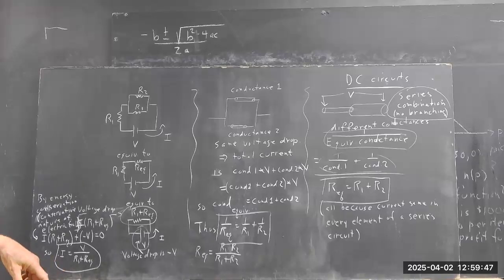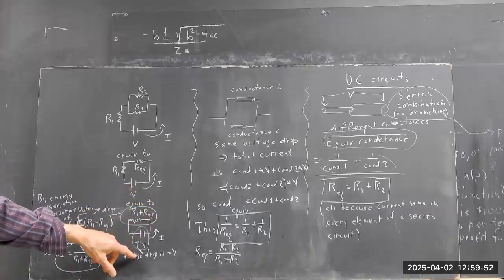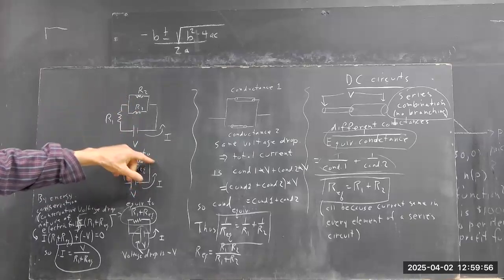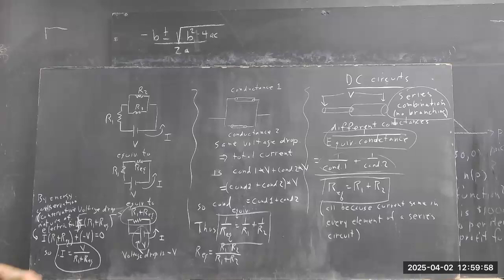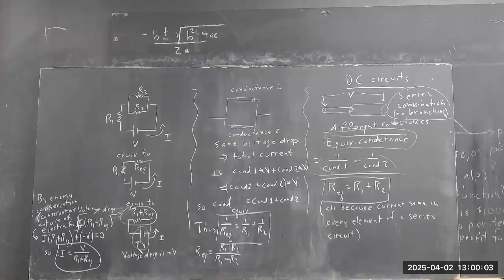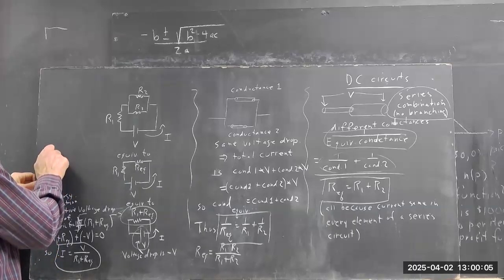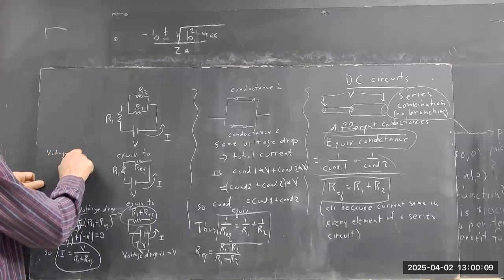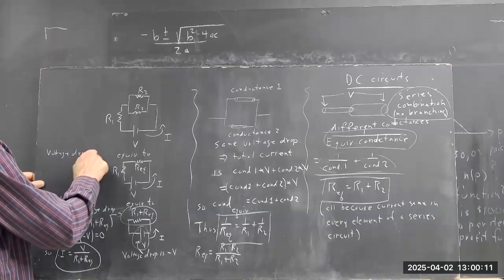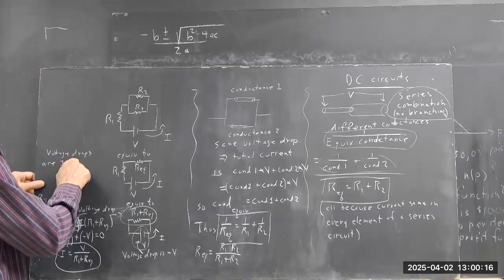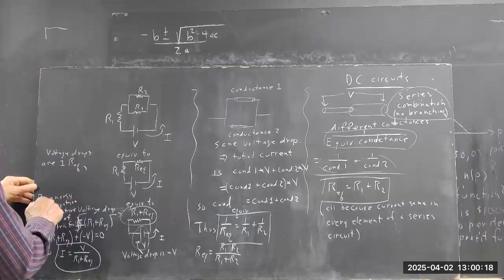Now, from this, we then can go back up to these diagrams. We can figure out what I is, and we know what I is. Okay. So the voltage drops are I times R equivalent.